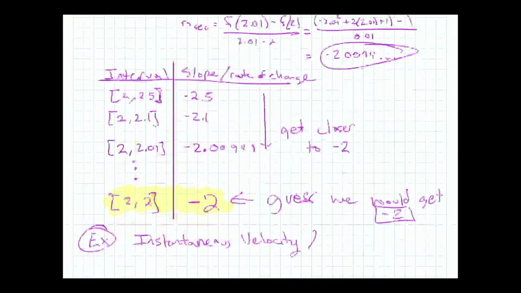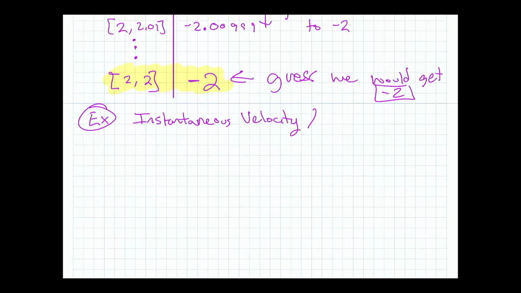Velocity. But velocity slash rate of change, same thing. Right? And we want to find it of what function? Another quadratic, x squared plus 2 at x equals minus 1.